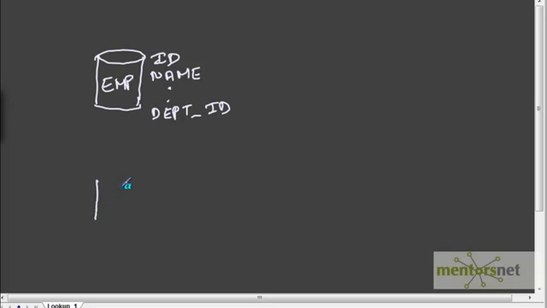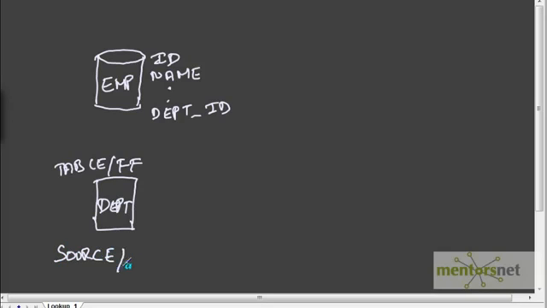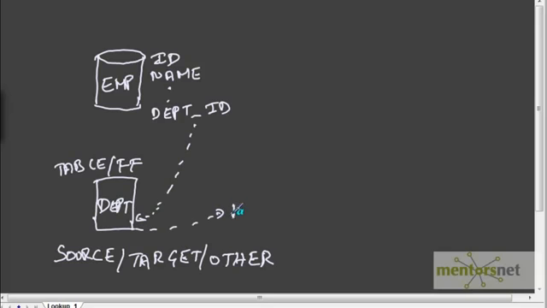Suppose the department name is in a separate table called DEPT. This could be a table or a flat file, and it could reside in the source database, the target database, or some other database. So we can look up by passing this department ID into it, and we can get the department name out.